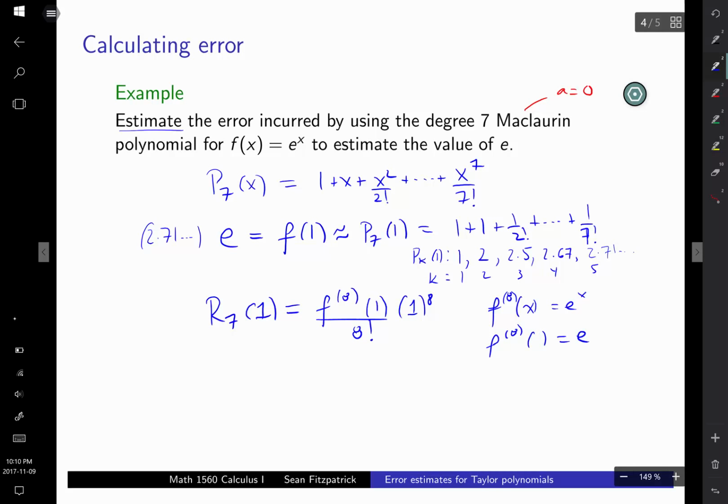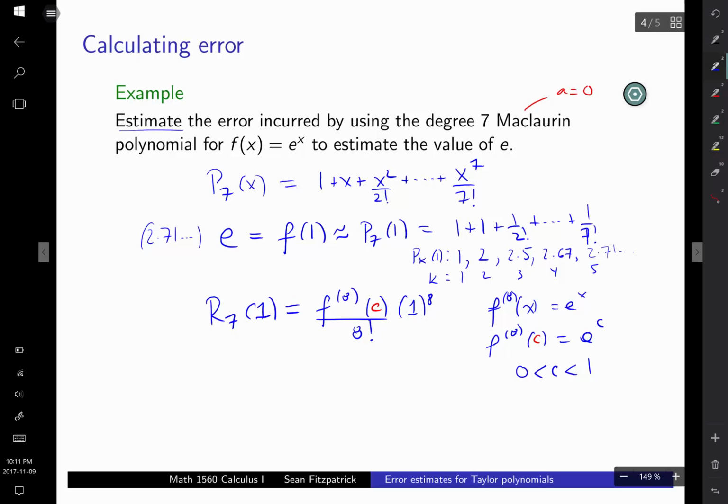I should say here, it's not at 1. It's at some c, and I don't know what c is. So what I really have here is e to the c. And what do I know about c? c is somewhere between 0 and 1.